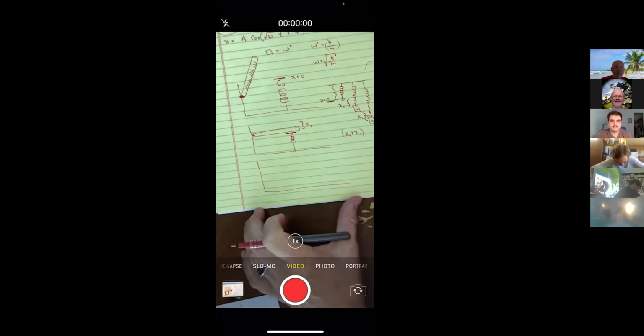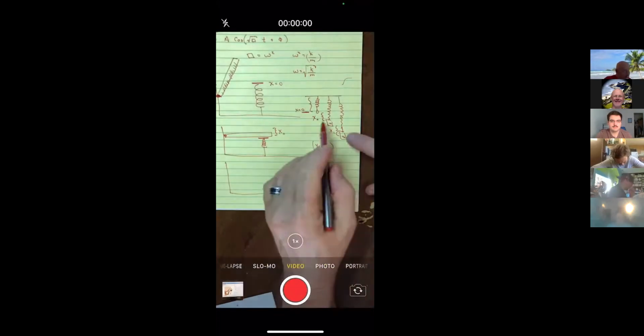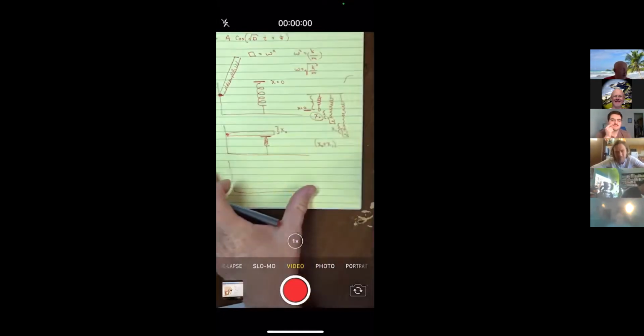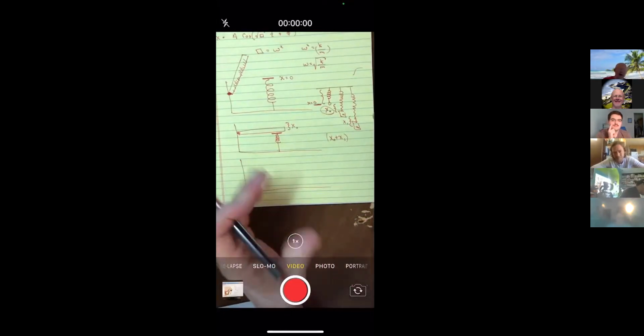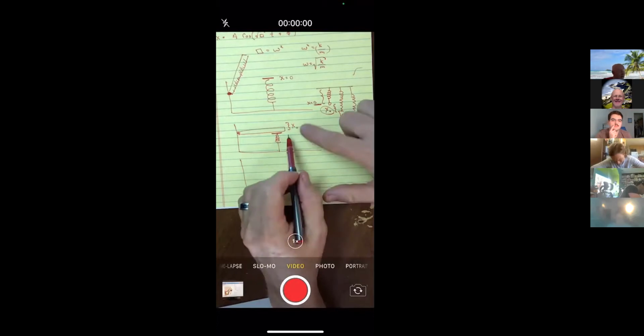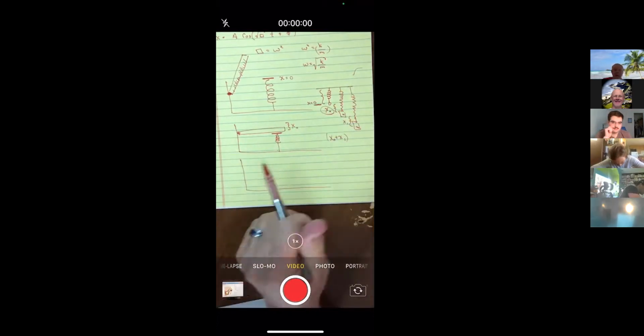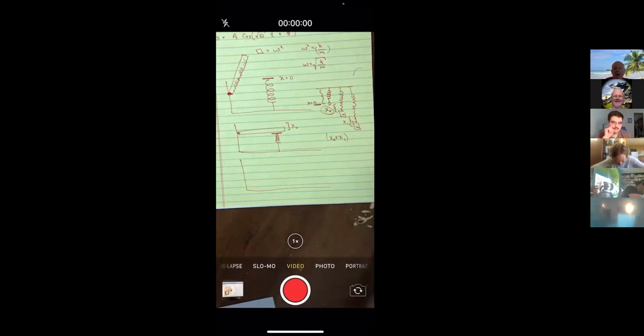And just like we saw for the vertical spring, ultimately the x naught doesn't matter. I'm going to hopefully prove that to you here, that this initial compression due to the weight of the spring doesn't matter. But I want to make sure you realize I'm considering it.